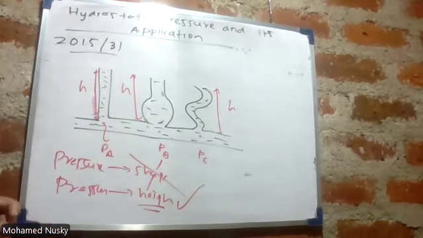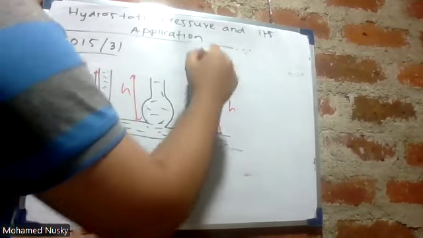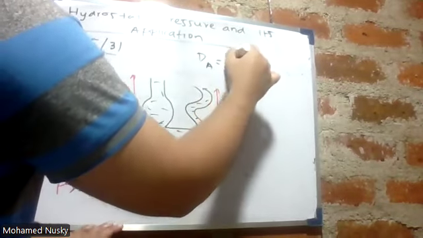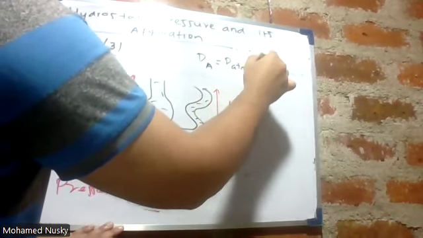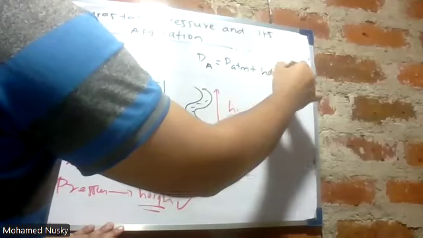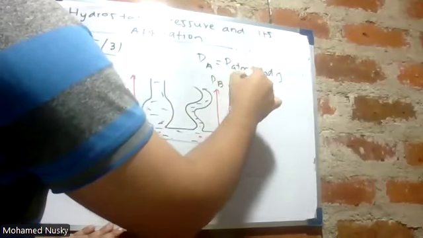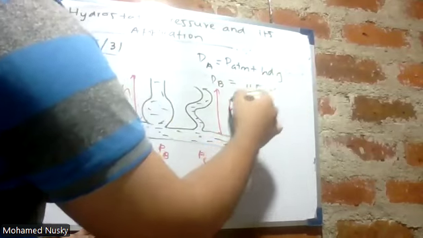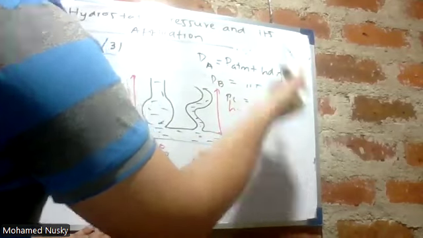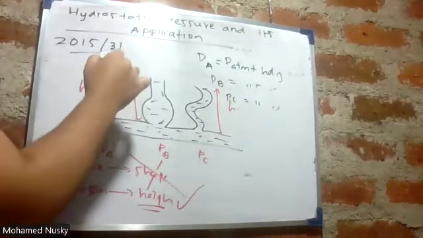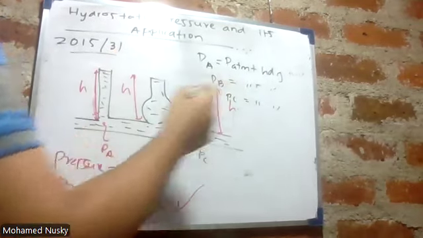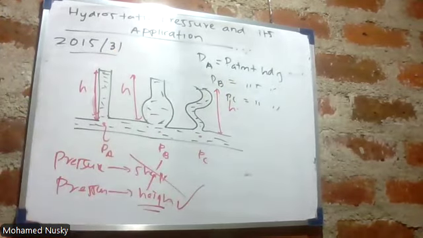So, as I said earlier, pressure at A is equal to P atm plus h d g. PB is also the same, PC is also the same.